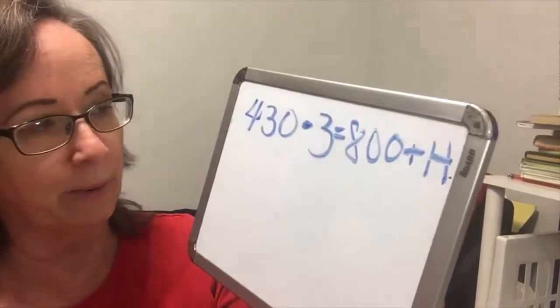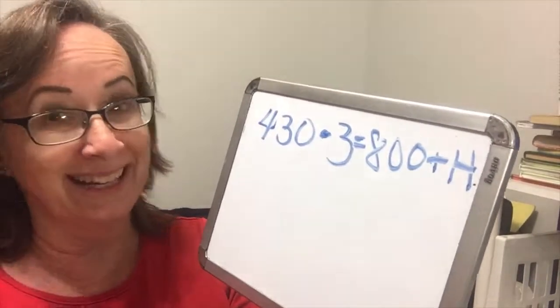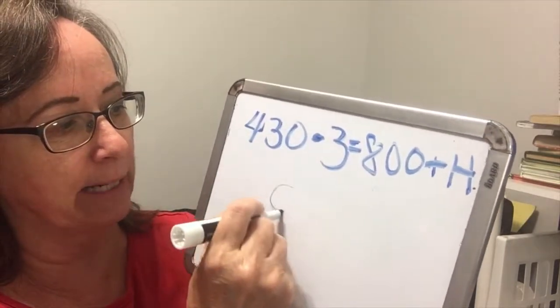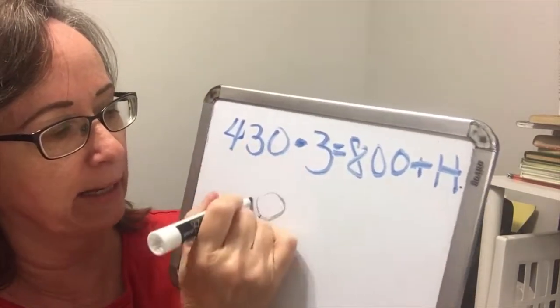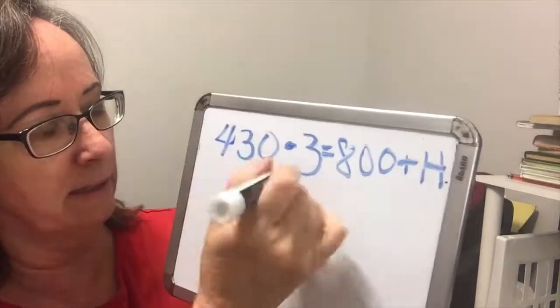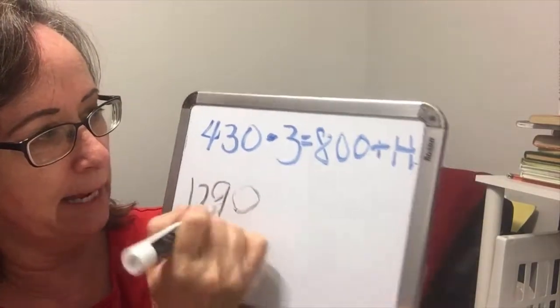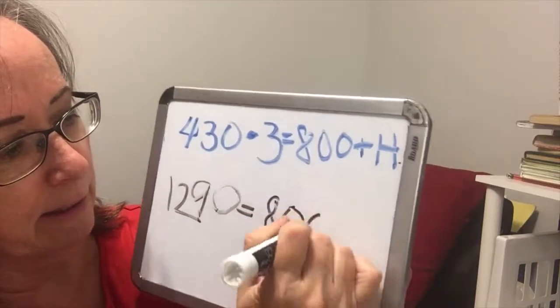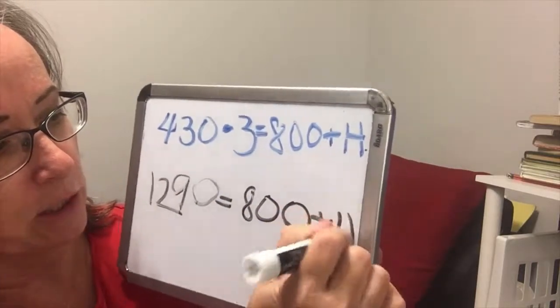Okay, so here we go. 430 times 3 is going to be a 0 and then a 9 and then a 12, right? And then we're going to have on the other side 800 plus h.